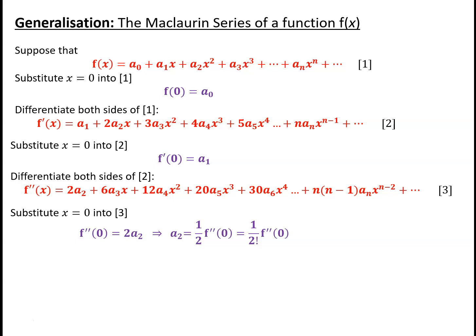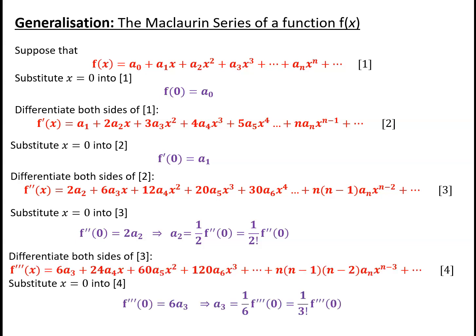If we move on, differentiate both sides of equation 3, put x equals 0, we're going to get the third derivative of f at 0 must equal 6a3. In other words, a3 is 1/6 of the third derivative of f at 0, or f triple dash 0.